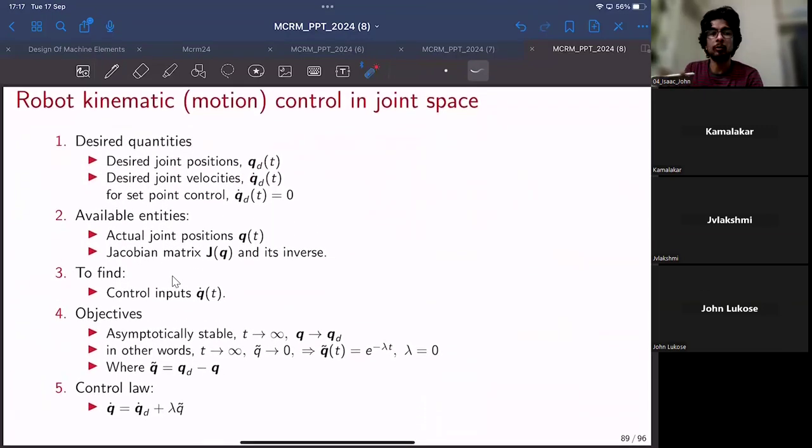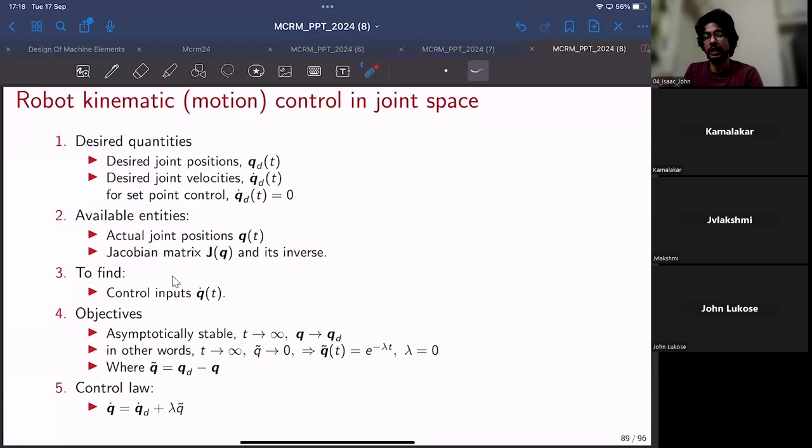And then a closed loop kinematic control, we have also discussed that. Here, our objective is to make the control asymptotically stable, or in a way, as time tends to infinity, we want our actual trajectory to converge to the desired trajectory. We can do so by forcing this error, which is defined as the difference between desired and actual trajectory, to behave as per this first order differential equation.